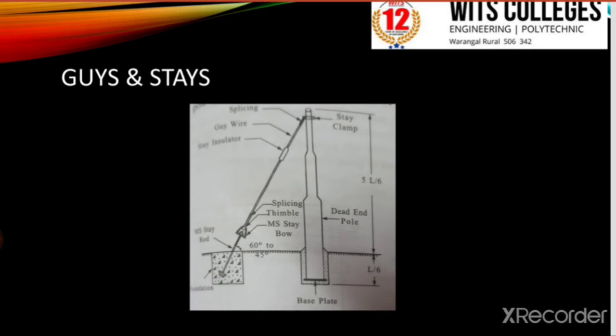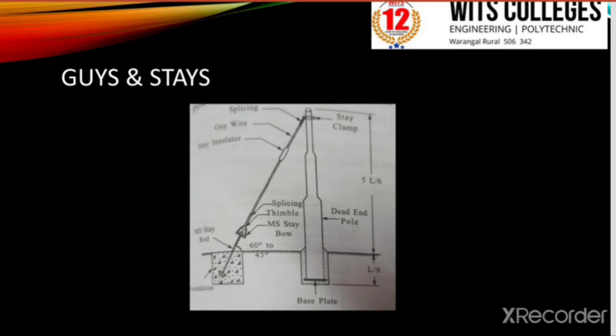The stay set will consist of an MS rod of 19 millimeter diameter, as well as stay bow, check nut, thimble and stay wire. The stay wire will be 7 by 20 SWG, with a stay clamp and a cast iron anchor plate with dimensions of 450 by 450 millimeters and a 4.8 mm hole in the structure. This is about the guy wire.